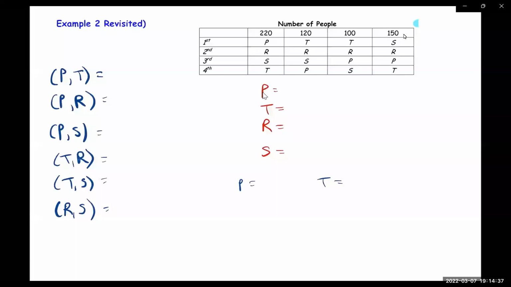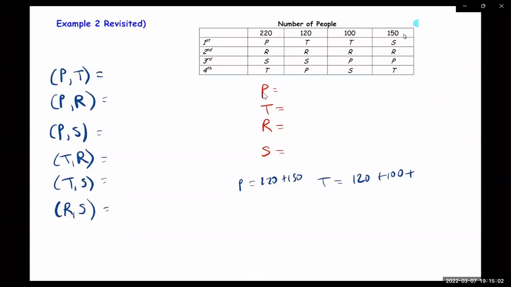All right, let's compare P versus T first. So P wins here, right? Yes, that's 220. T wins here, so that's 120. T wins. And P wins, right? So who had more points?